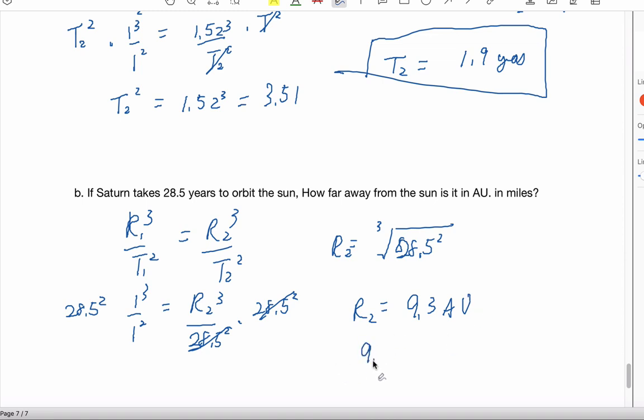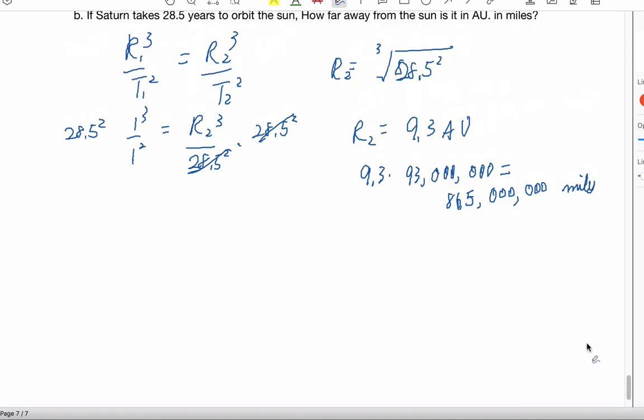So that's going to be 9.3 times 93 million. And that's going to get us about 865 million miles.